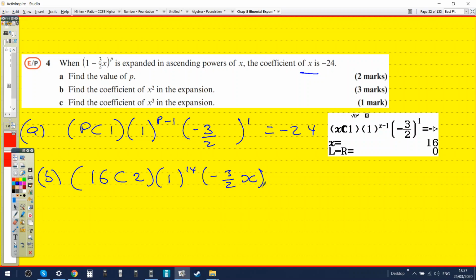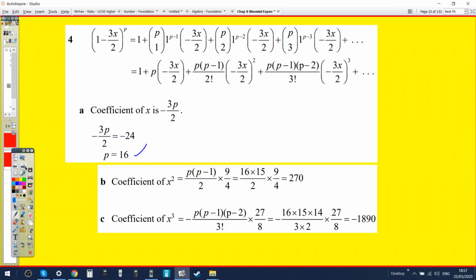And actually they just asked for coefficients, so we don't even need to have the x. And then that would just go in the calculator. And you should get 270.